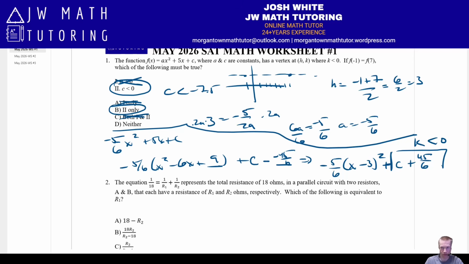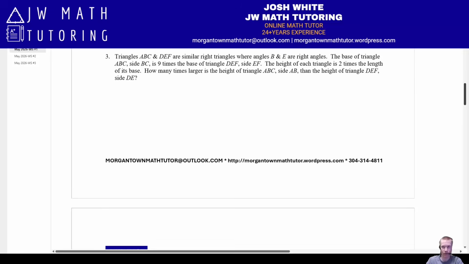This has to be less than 0. So c plus 45 over 6 is less than 0. C must be less than negative 45 over 6, but you can just divide each thing by 3 and you get negative 15 over 2. So this is how you prove that c must be less than negative 15 over 2, which is just negative 7.5.